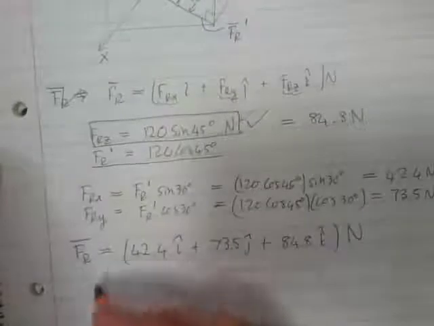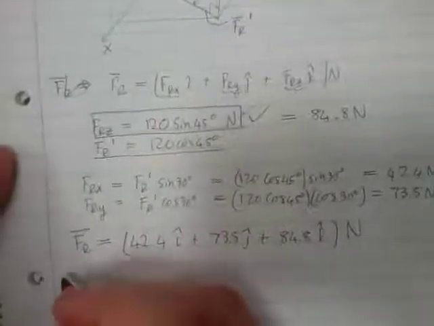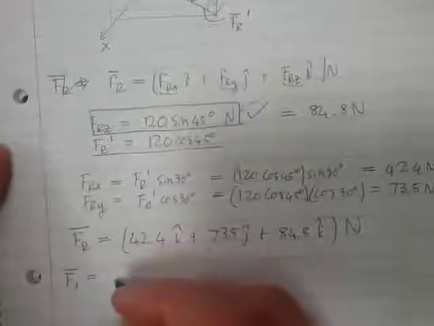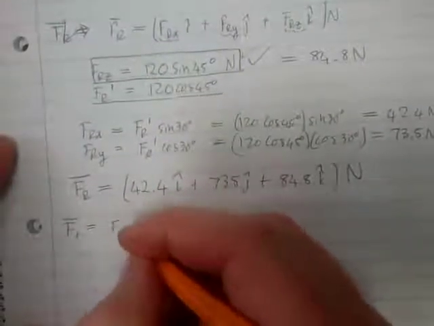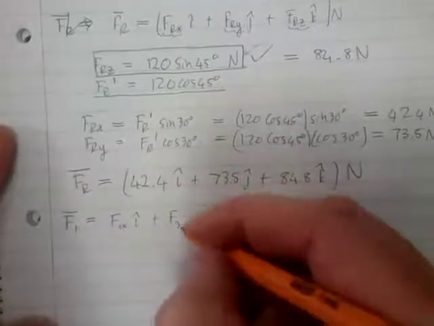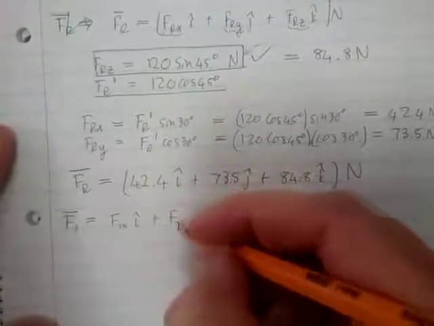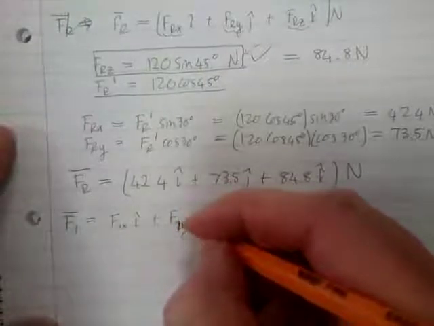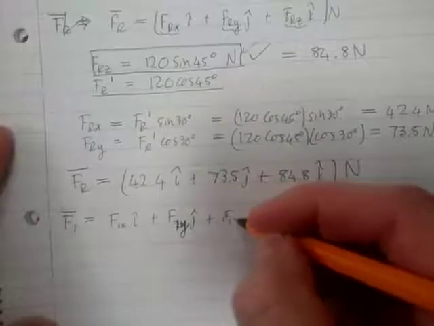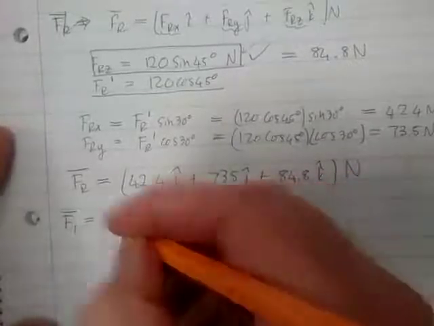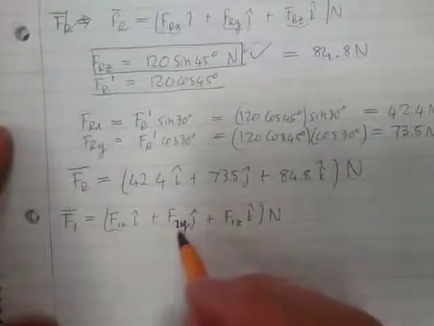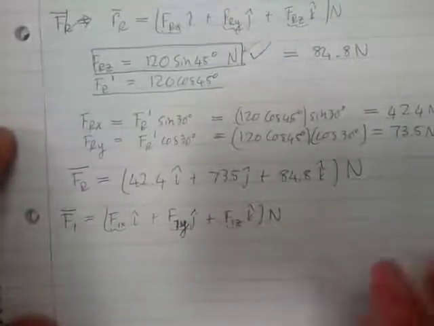Alright, now what about F1? Let's have a look at F1. F1 is equal to F1x in the i direction plus F1y in the j, plus F1z in the k direction, Newton. So that means we have to determine F1x, F1y, F1z.